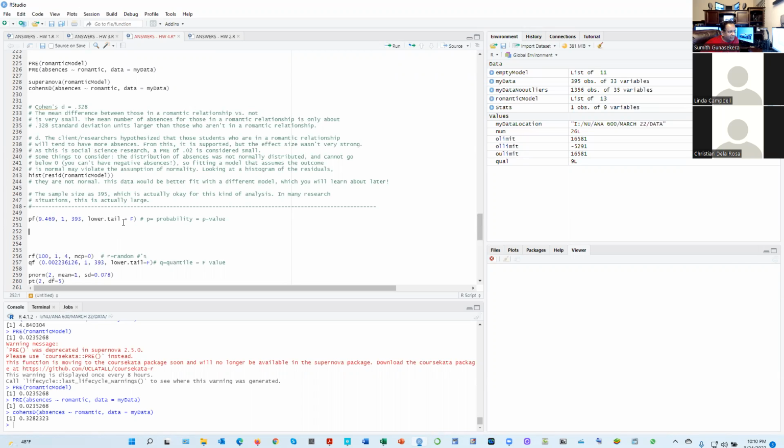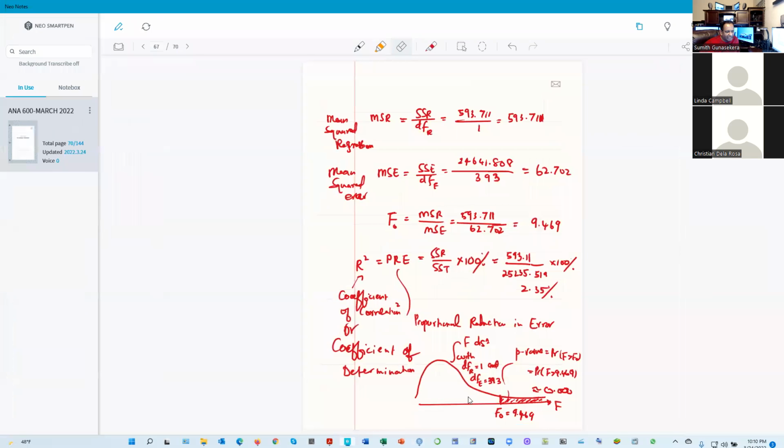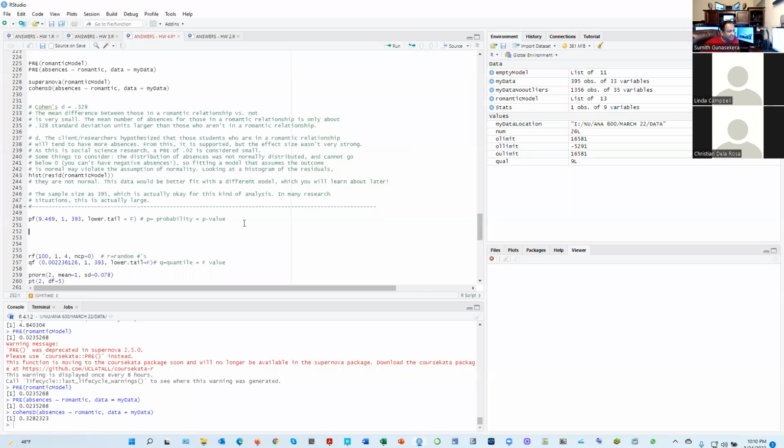And for the lower tail, I'm going to say I don't need the lower tail, I need the upper tail. Otherwise, by default, they calculate this side, and then you have to subtract from 1. I prevent that by giving this command.